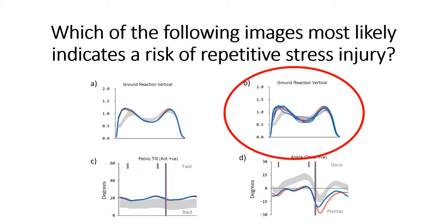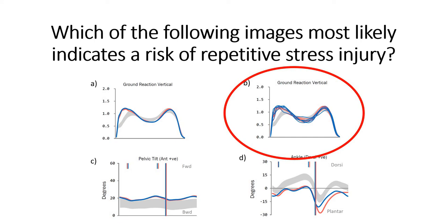The reason why B would be a better image to use is because it gives us a bit more information, because if you compare in figure B the first active peak to the second active peak, there is far more inconsistency in the first active peak than there is the second, suggesting that there's possibly a stability issue, possibly the body doesn't know what to do, or this limb is struggling to compensate or respond to this excessive vertical ground reaction force.